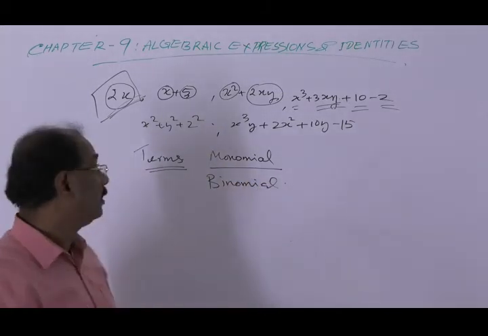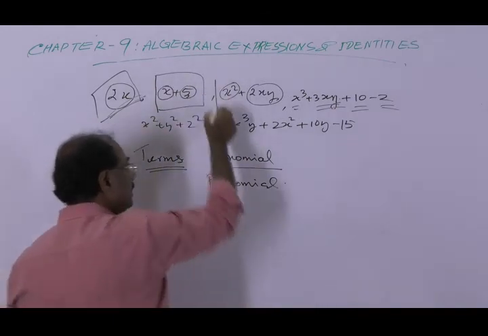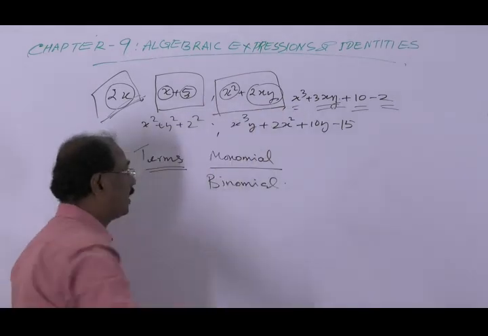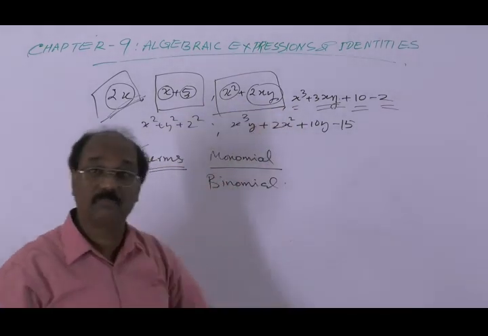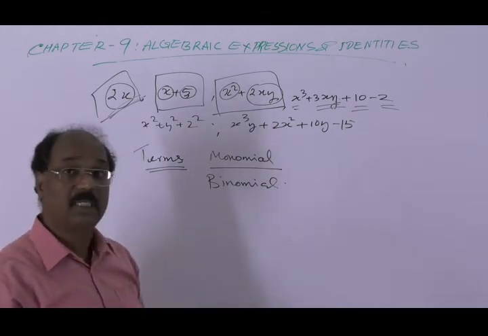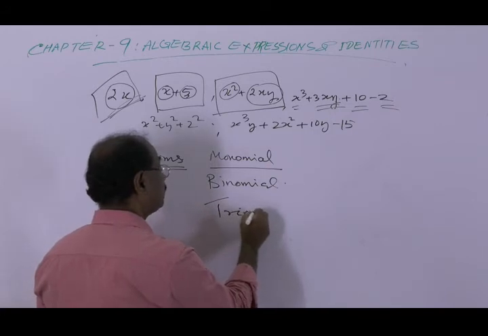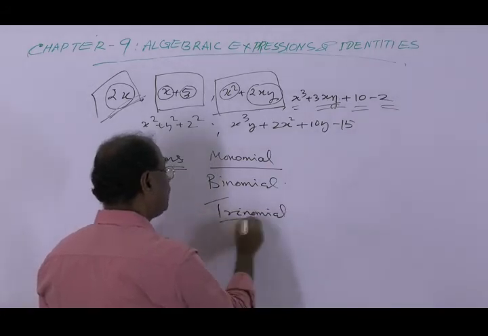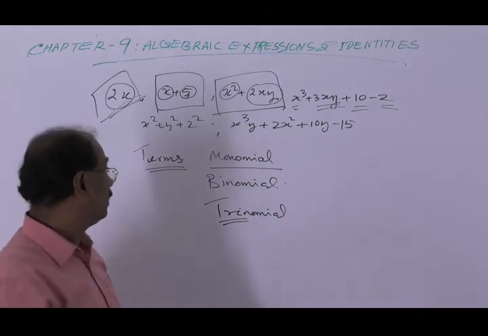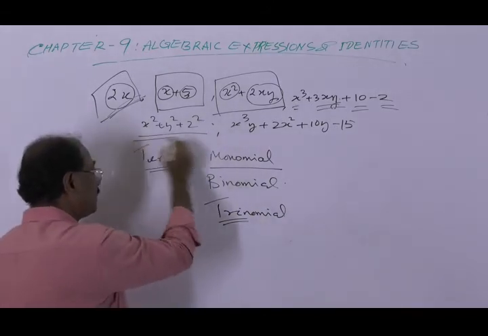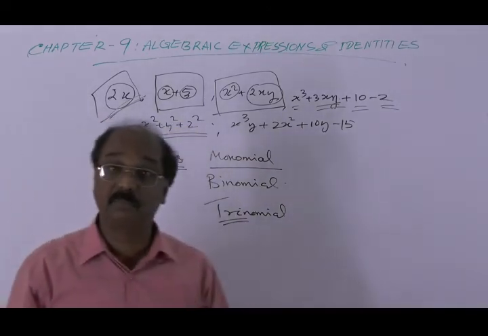So x plus 5 is a binomial, with two terms. This is again a binomial, x squared plus 2xy, two terms. If it has three terms, it is a trinomial. Tri means three. So x squared plus y squared plus z squared is a trinomial, three terms.